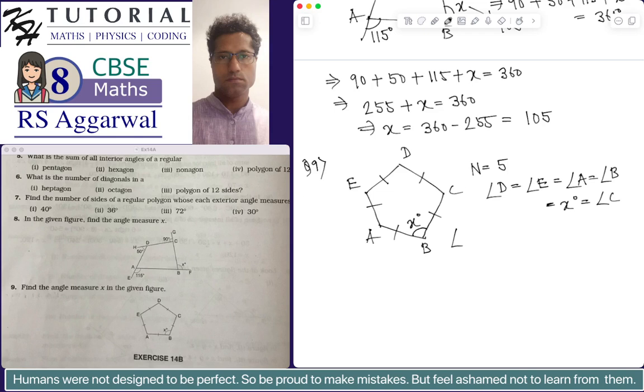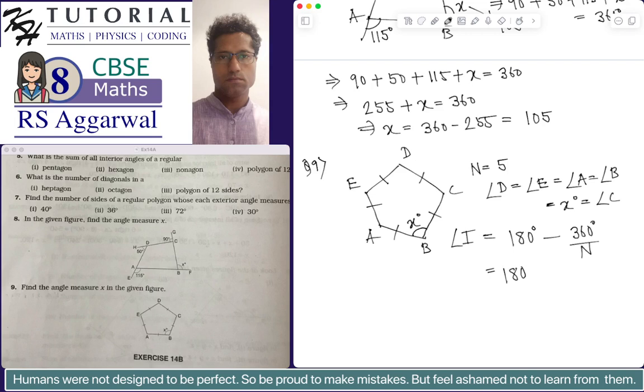We know that the value of each interior angle of a regular polygon of side n is equal to, what was the formula? It was actually 180 degree minus the value of each exterior angle, that is 360 degree divided by n.